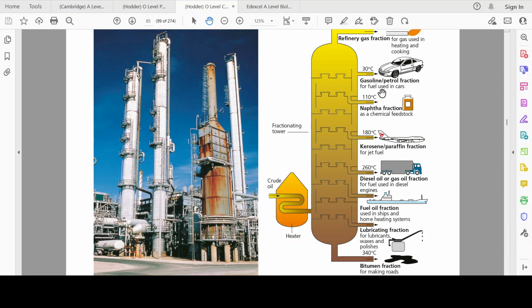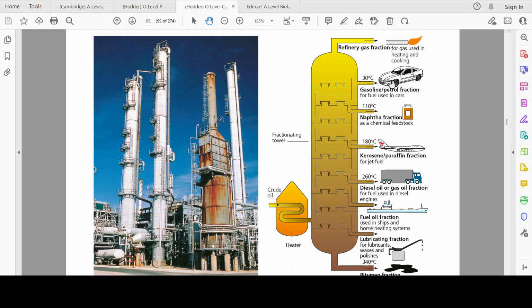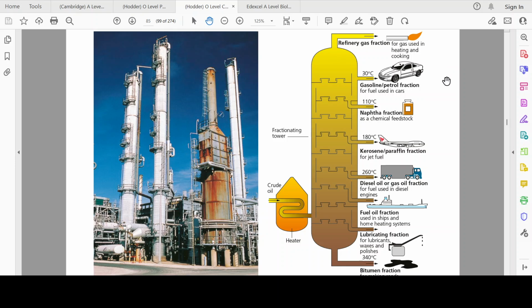Because obviously it has a boiling point of 30 degrees centigrade, so if you leave it out in the open, it's not going to stick around, right? Very low boiling point compared to the others. And then the lowest, obviously it doesn't even condense, you've got natural gas, refinery gas.